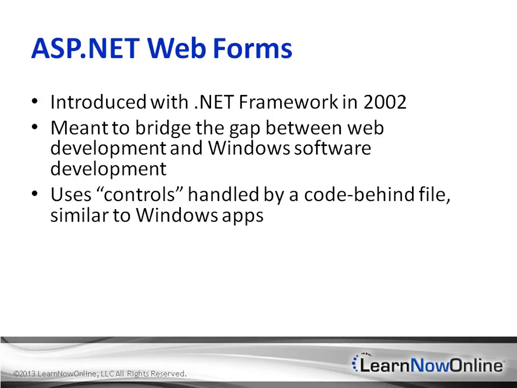So when you click on a button, this code in the code behind file basically says what needs to happen. And if there's dynamic text that needs to be displayed, those get displayed in label controls and literal controls. So it's very much a Windows form-driven architecture, but applied to HTML.